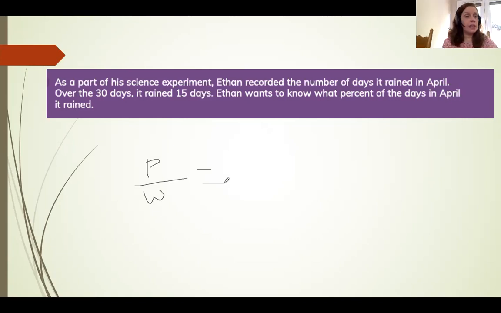It rained 15 days. That is my part. What is my whole? What was the total, the whole? 30. Again, I have a fraction. I know how to go from a fraction to a decimal. I'm simply dividing. When I divide, I will notice that I will get 0.5.